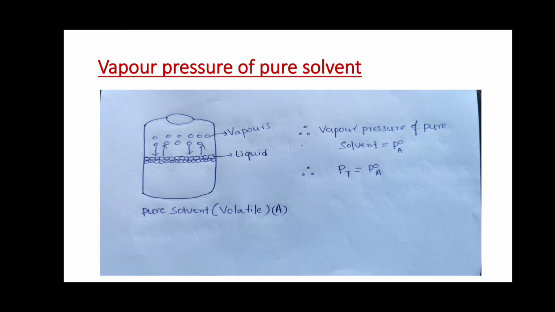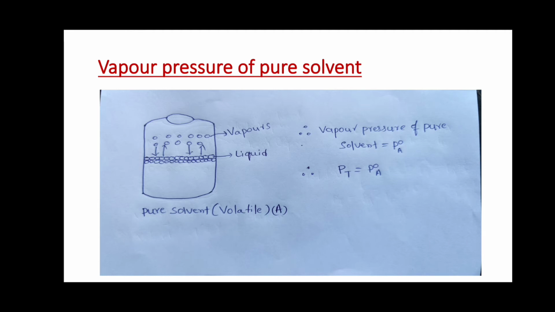If pure solvent is taken in a closed container at a given temperature and pressure, the surface of the solution is occupied by only solvent molecules, so the evaporation rate gradually increases to high, because they can easily evaporate. Those vapors create partial pressure on the surface of the solution and create the vapor pressure.